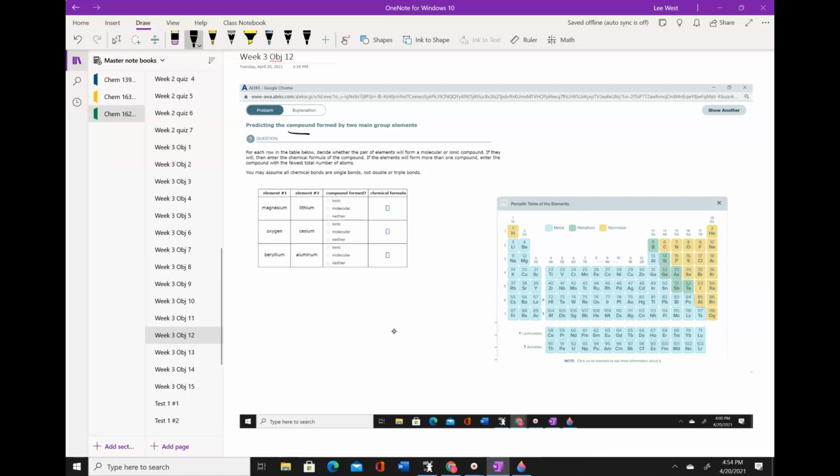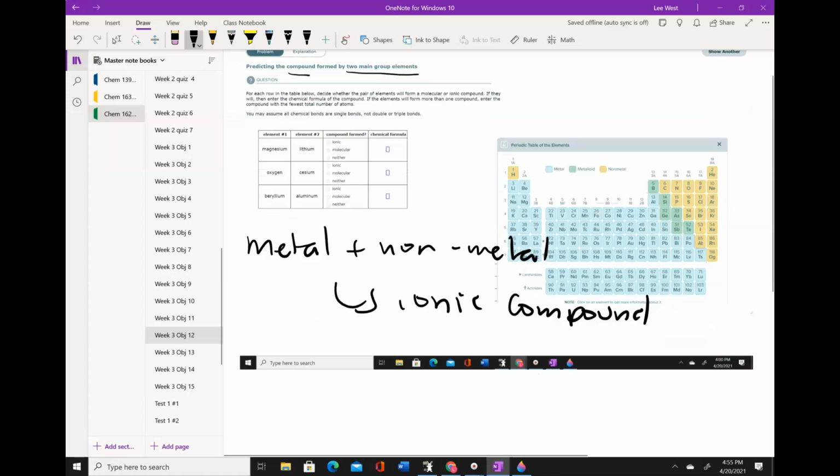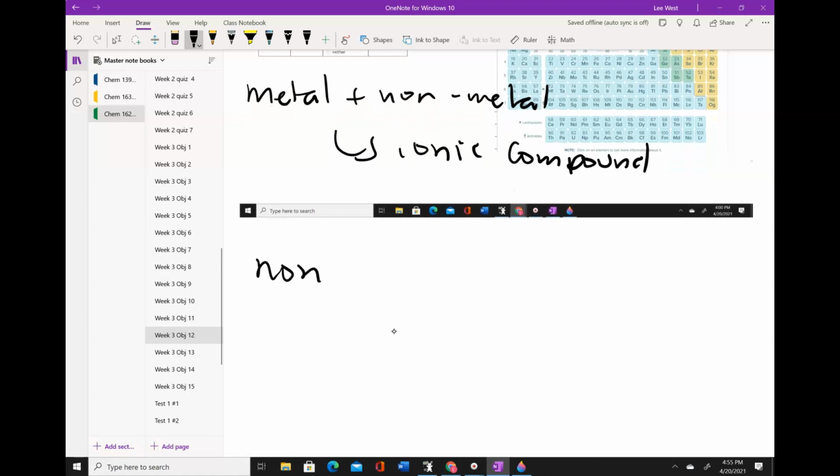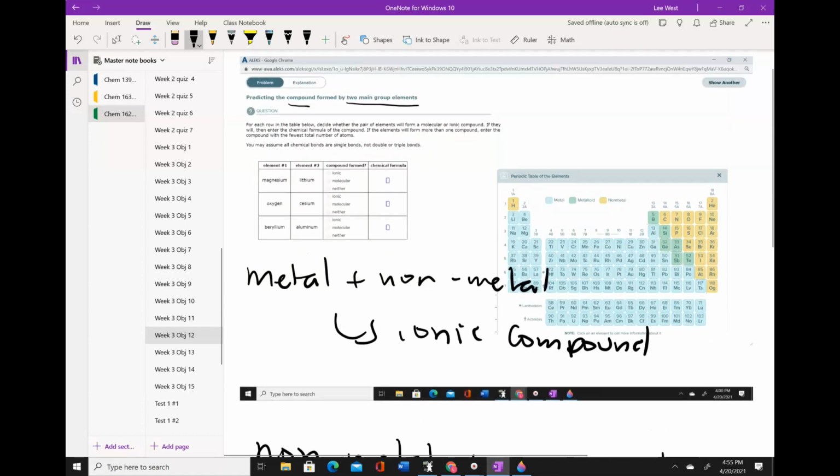Predict the compound formed by 2 main group elements. What we're going to remember is that metal and non-metal are going to give you an ionic compound, whereas non-metal with a non-metal is going to give you a covalent or molecular compound.